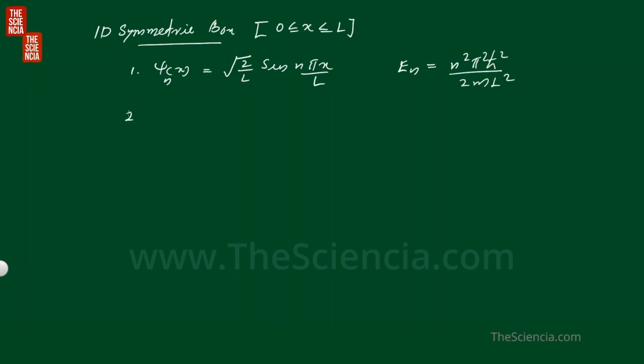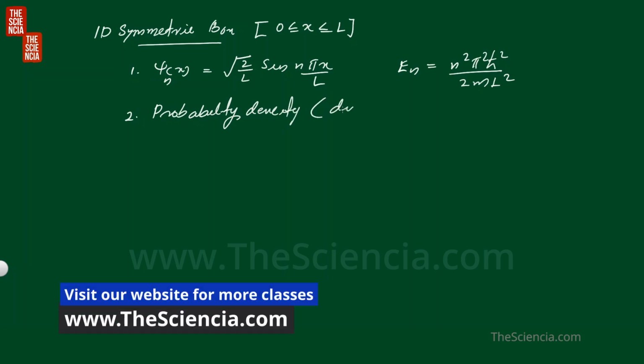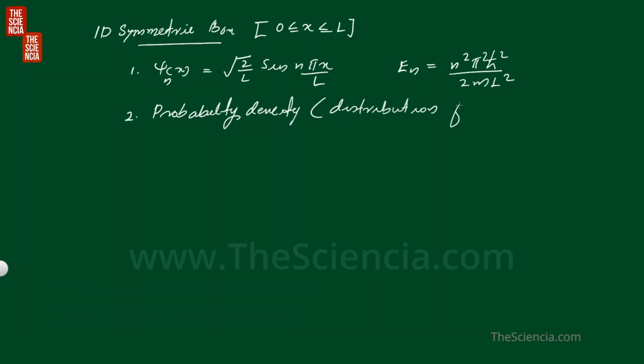Now we have to find out the probability density. That is nothing but the distribution function. Definitely this wave function is a time independent wave function.